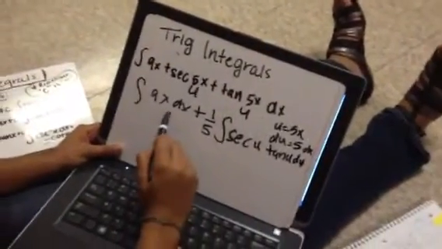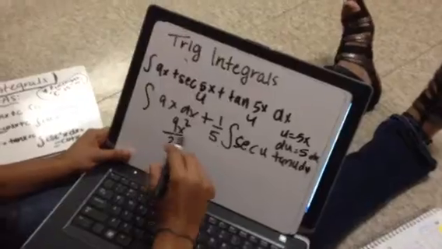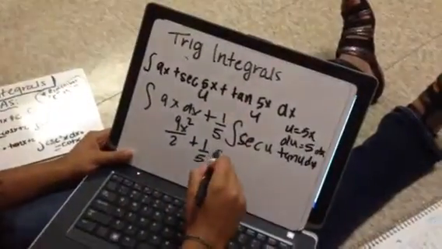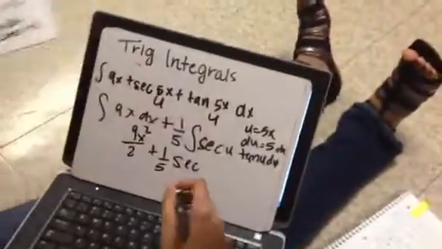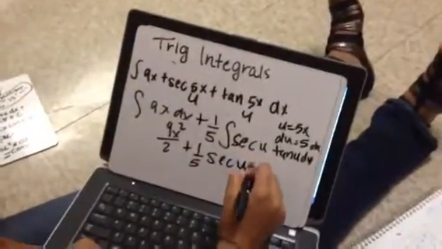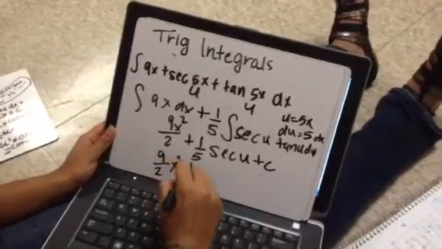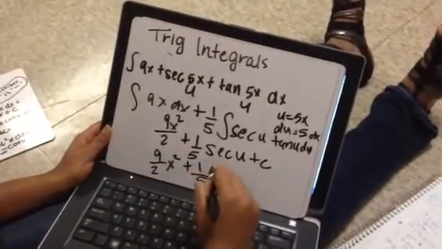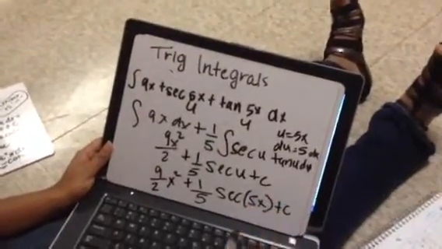Then you're going to do 9 over 2 because it's x squared. You have the x, so you take the antiderivative of that, plus 1/5 of secant u, as you know. That's what it equals for secant x tangent x. So secant u plus c, so it's 9 over 2 x squared plus 1/5 secant 5x plus c.